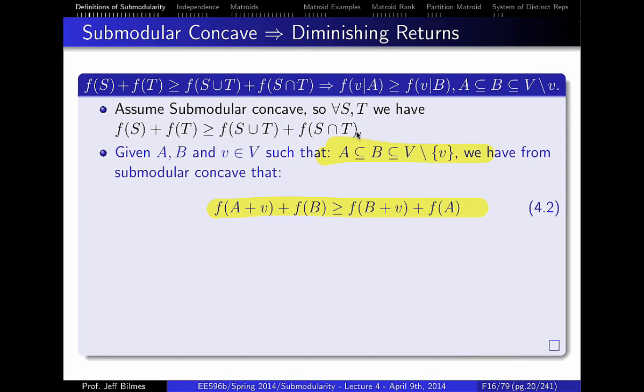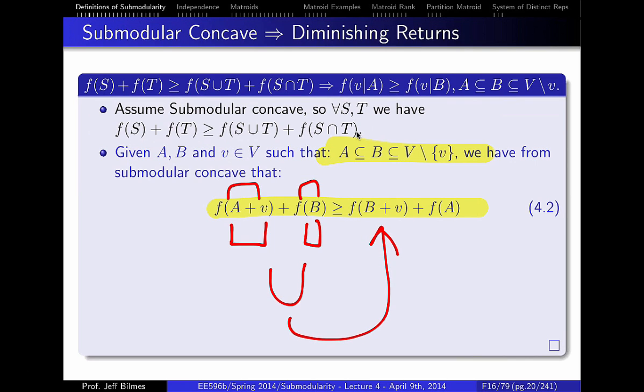The reason why this is true is because when we take the union of this and this, that's equal to this, and when we take the intersection of this and this, that's equal to that. Why?